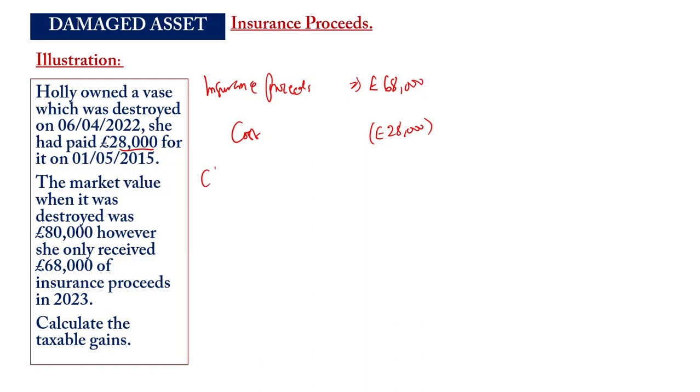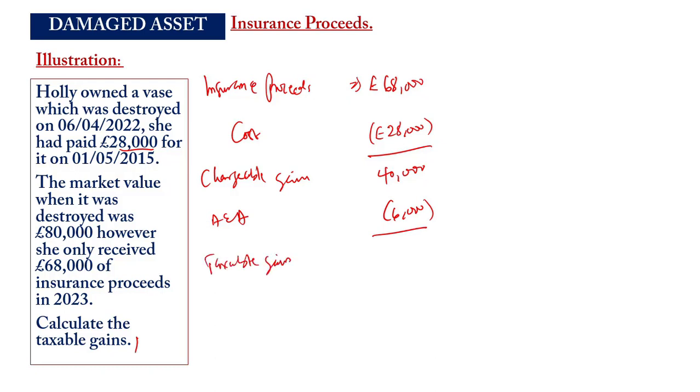That gives us a chargeable gain of £40,000. We are asked to calculate the taxable gain, so we deduct the annual exempt amount of £6,000, leaving a taxable gain of £34,000.